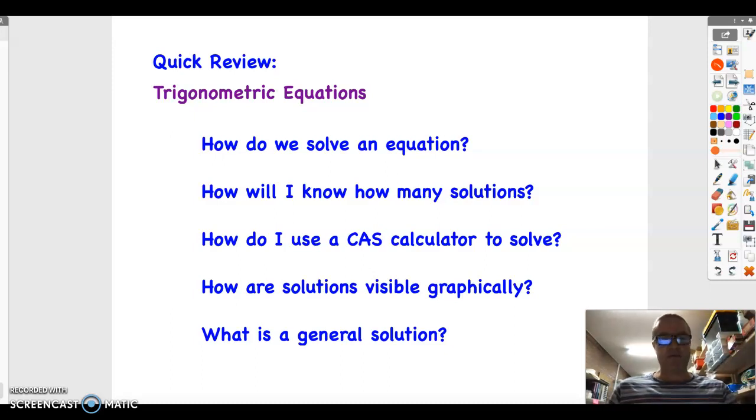Without using that interval, that calculator is going to give us a general solution. We've talked about solutions to equations and how they appear graphically, how we can find them graphically, and we've talked about what we mean by a general solution to an equation.